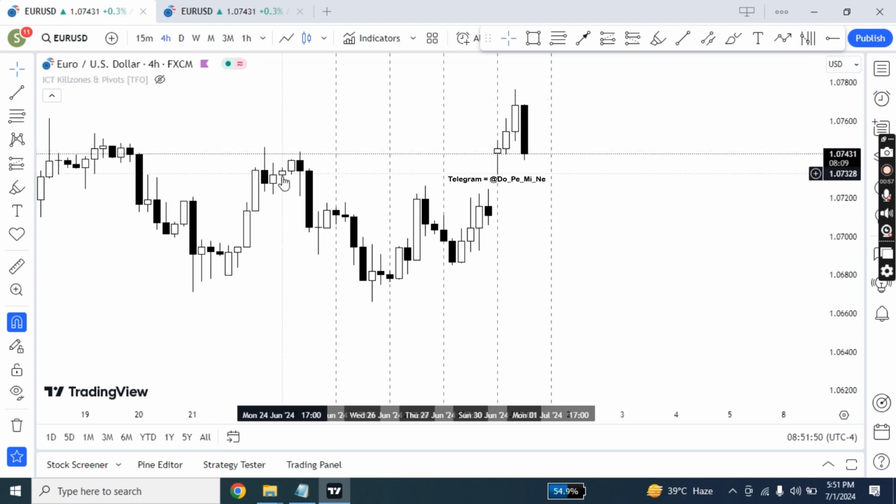So we're obviously going to start off with key opening times right here, and you know that the daily candle opens and closes during the 17 Eastern time or the 5 p.m. Eastern time.